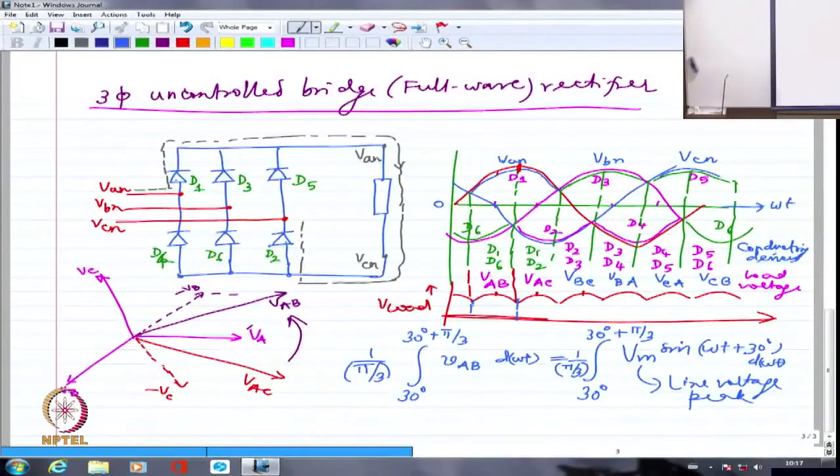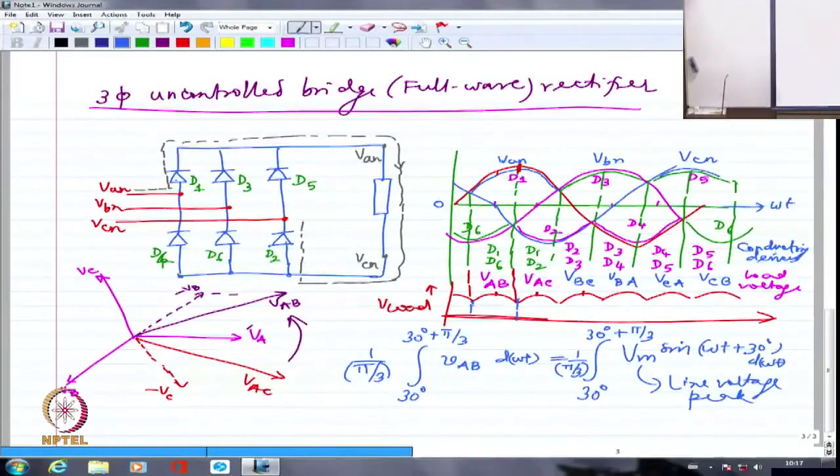But I should have written VAC as Vm sin omega t minus 30, because it is lagging behind VAN by 30 degrees. So if I am integrating VAB, I better write plus 30 because it is leading VAN. Whereas if I write VAC, I better write omega t minus 30 because it is lagging behind by 30 degrees.